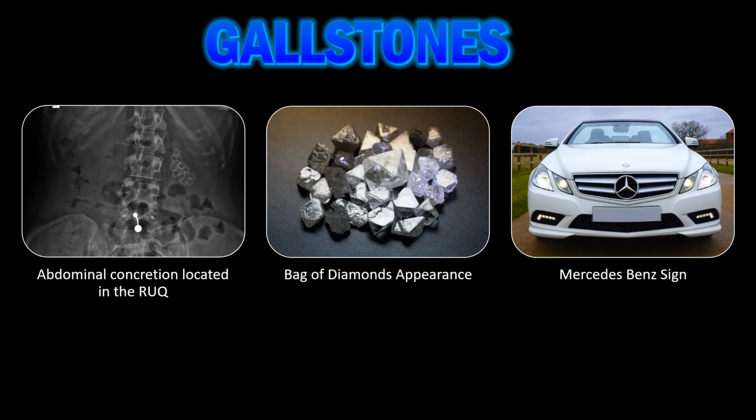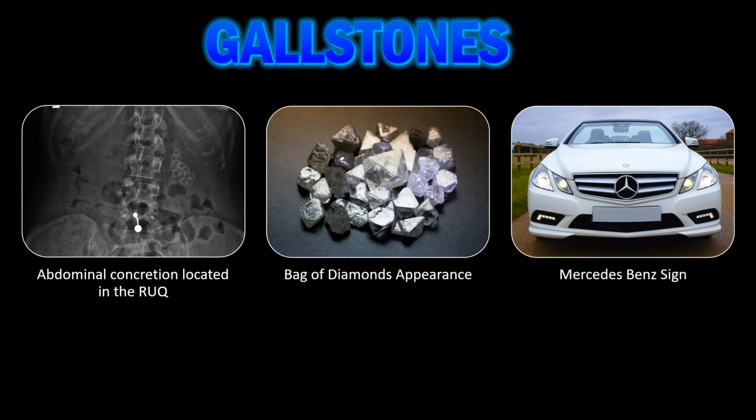A couple radiographic features of gallstones. First, they're going to be in the right upper quadrant or maybe the right middle abdomen, and they're going to be abdominal concretions. Second, they're often referred to as a bag of diamonds appearance, and this is in reference to the clustering of these gallstones. Ironically, a real diamond doesn't show up on an X-ray.